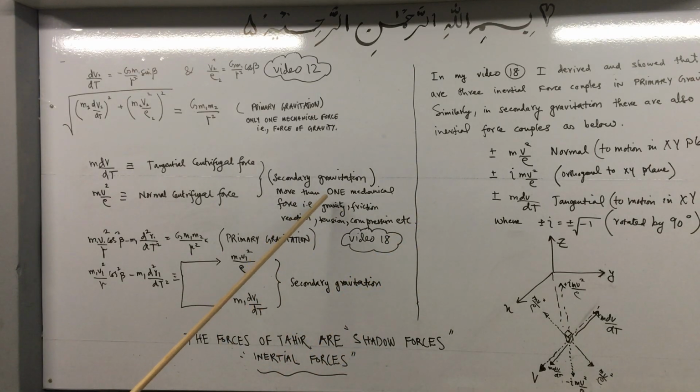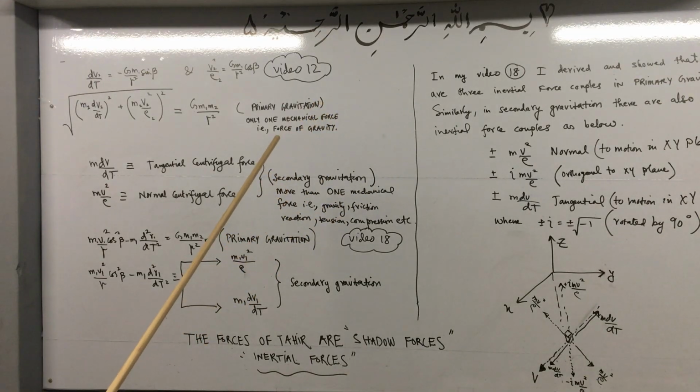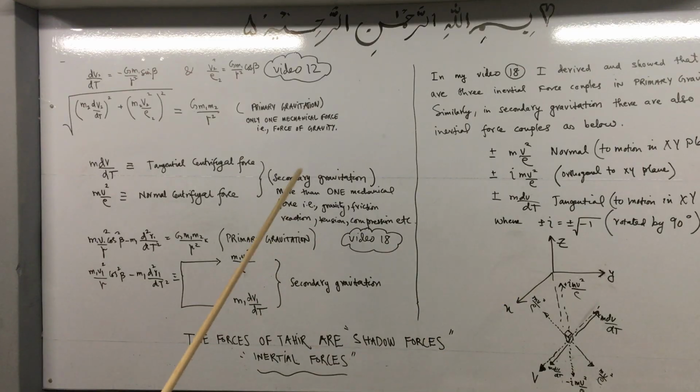Gravity is a little bit more than a mechanical force, but it has got all the characteristics of a mechanical force, so we'll consider it as a mechanical force. So gravity along with another one of these, friction, reaction, tension, compression, if one of these is associated with gravity at the same time, then the example is secondary gravitation.